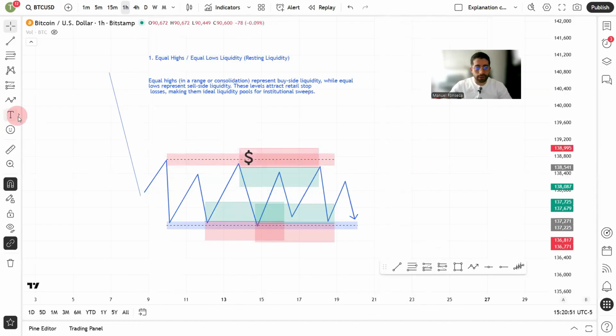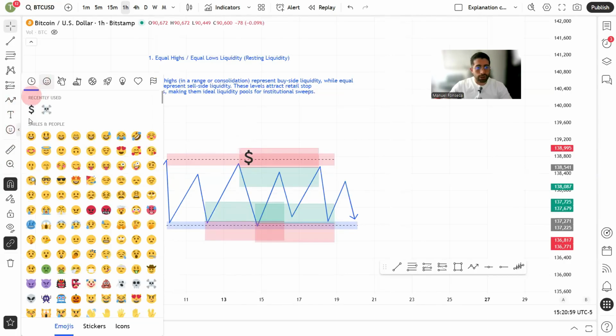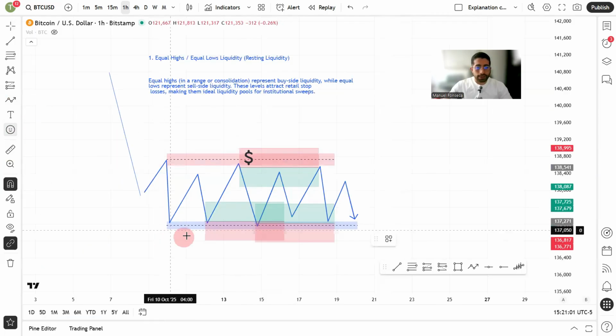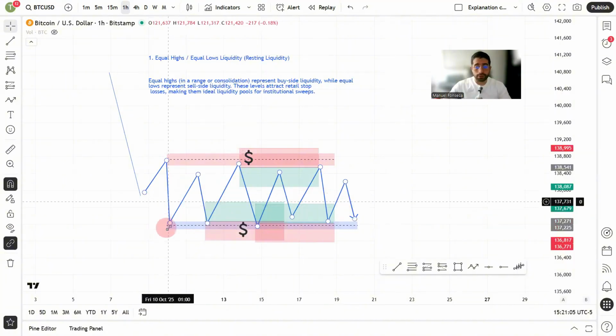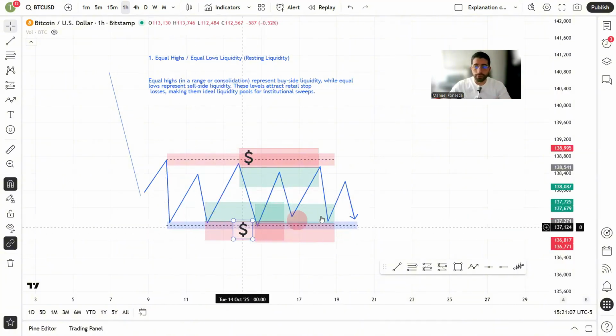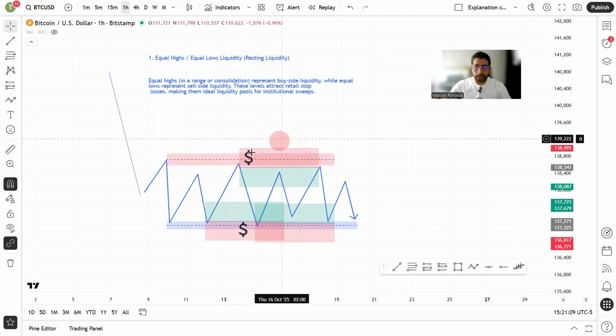So there is lots of money accumulated from retail traders who are executing orders right here. This is what in smart money concepts is called a liquidity pool, because it's just a pool full of stop losses to be taken, right?